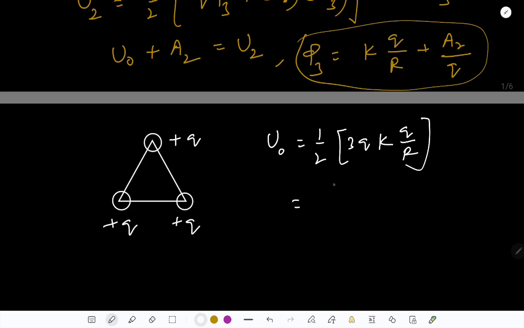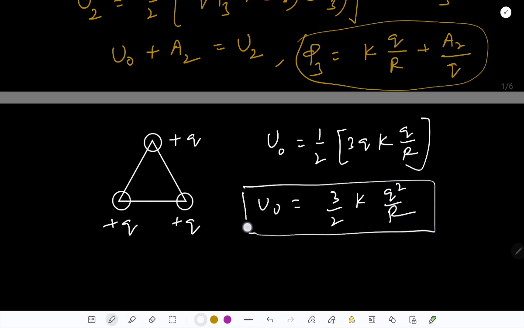So this, I think, 3 by 2 k q square by r is the initial electrostatic energy of the system when they were isolated, and when they are brought together their potentials, you can see, have become something, I don't know, whatever it is, but it will be the same for all of them.